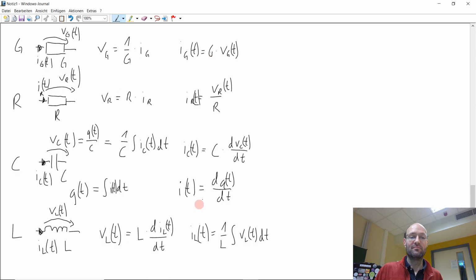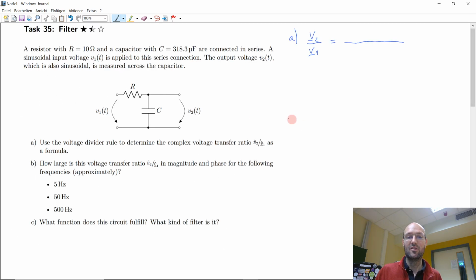Okay, so these are our functions in general in time domain. And remember, the problem is we could do all this stuff in time domain with time derivatives and time integrals. But if we would now try to go back to our circuit, we could not write a simple rule like this.